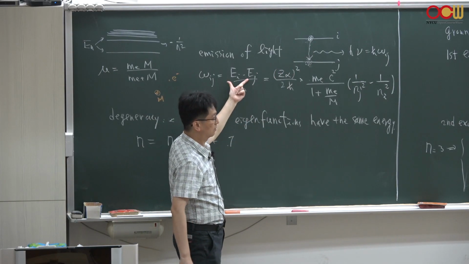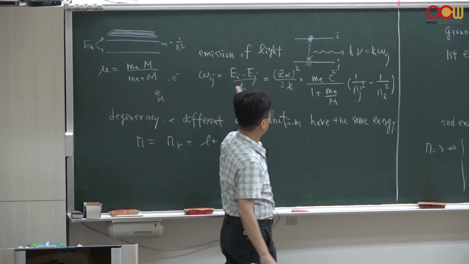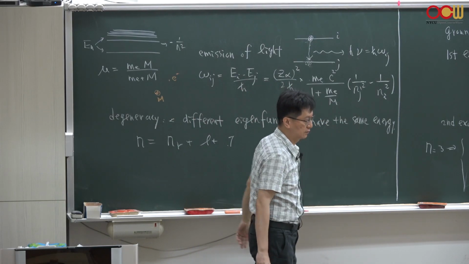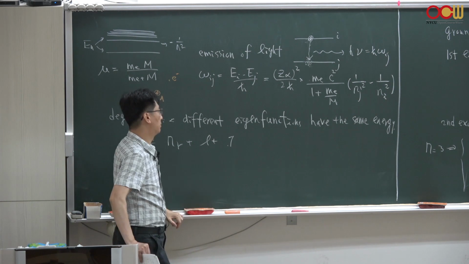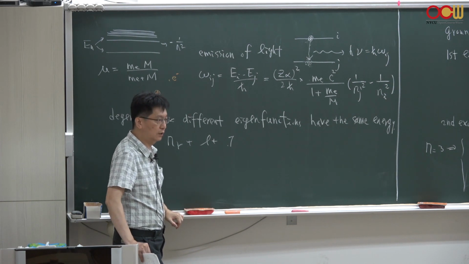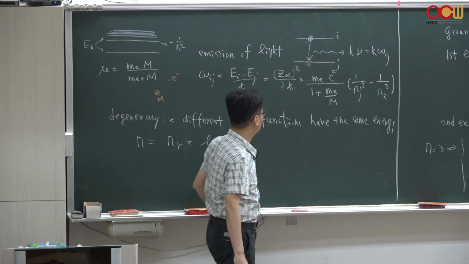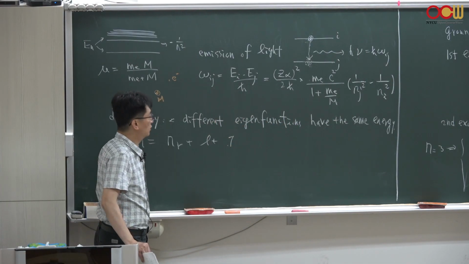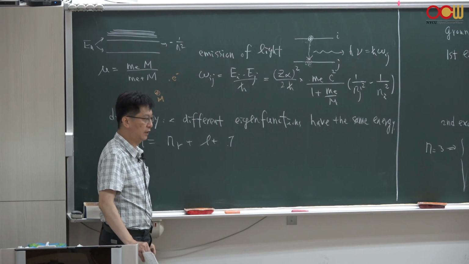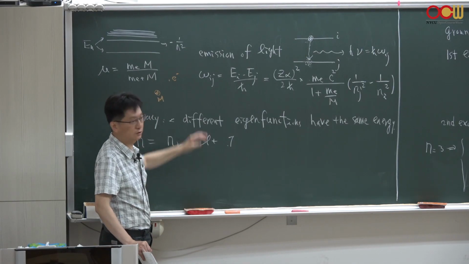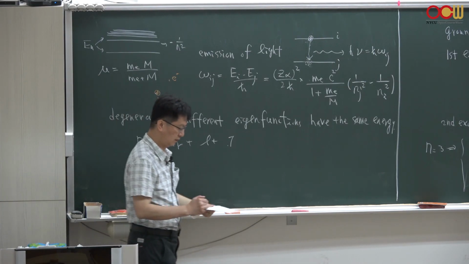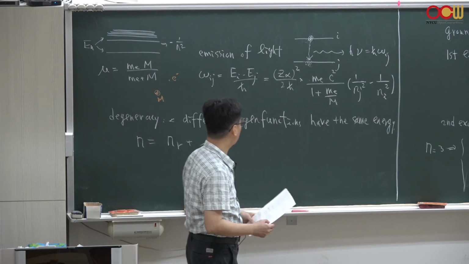Subtract one from another, you get this dependence. So it's inversely dependent on this n squared. If you know these quantum numbers ni and nj, you know immediately how much is the energy of this radiation emitted. So this is just a standard spectrum of hydrogen atom.